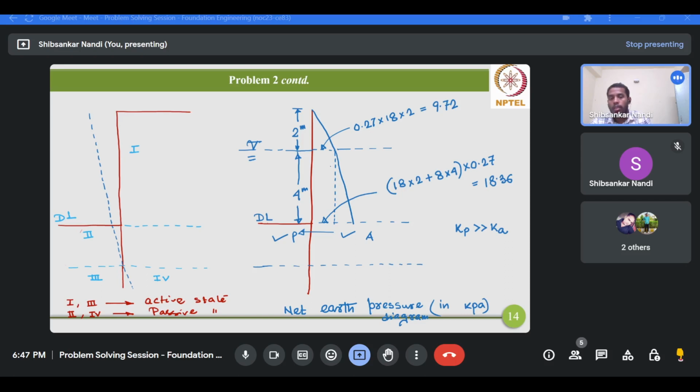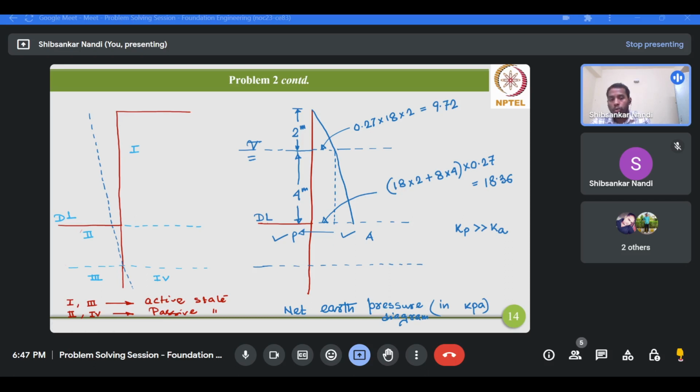Since this part is void, it will not exert any pressure, and the water pressure from this side and from this side will nullify each other. Therefore, since this side is void, the active earth pressure you get for region 1 above the dredge level will be the net pressure above the dredge level for region 1.